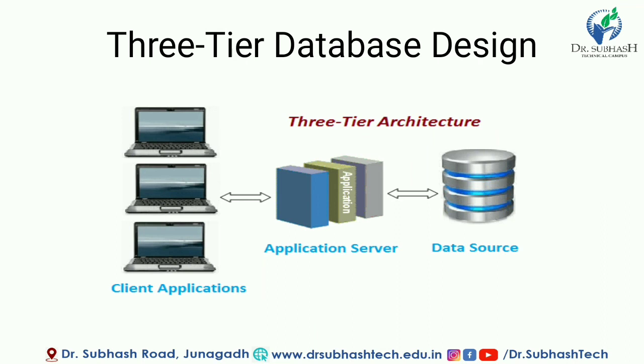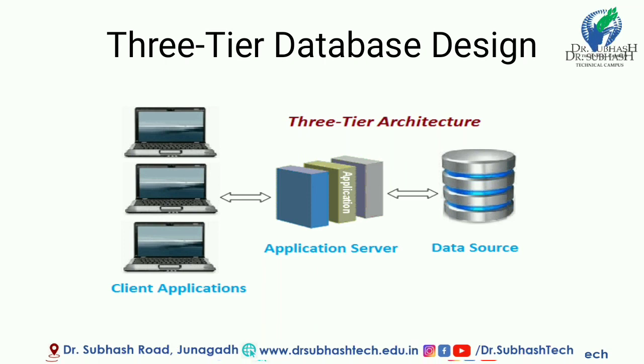So such a mechanism is known as three tier architecture, means such an application is known as a three tier database application, right? So these are the three types which depend on the categories of division of modules, right?